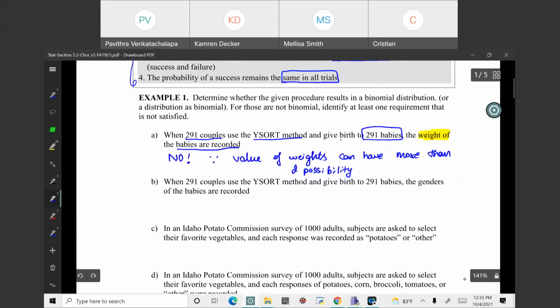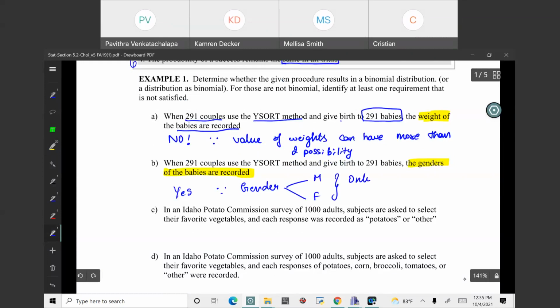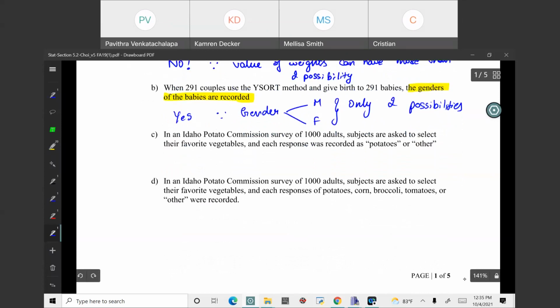Now, second example. The same example, the only difference is in this part. Yes or no? Yes. Because it is gender, it could be male or female. Only two possibilities. Third example.